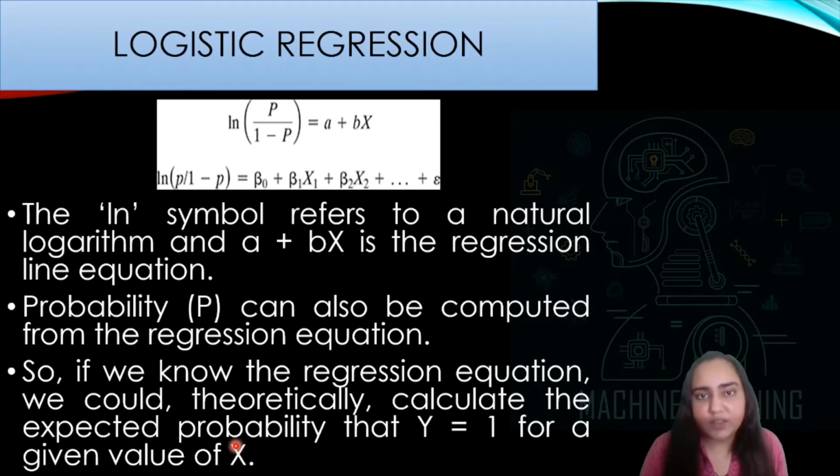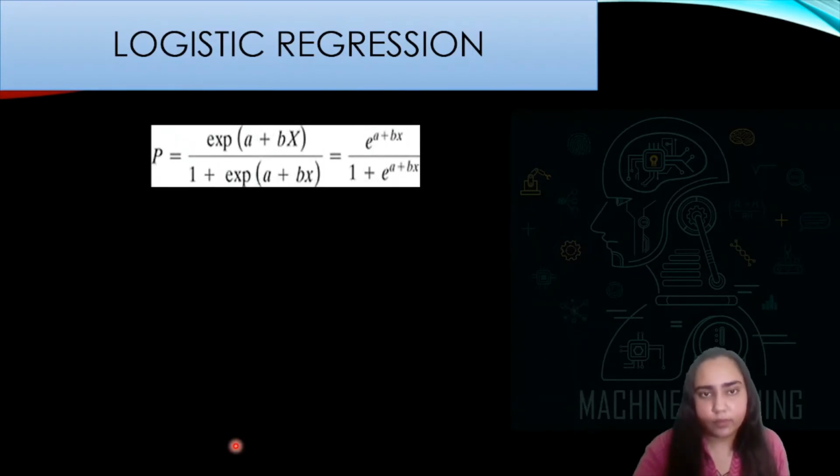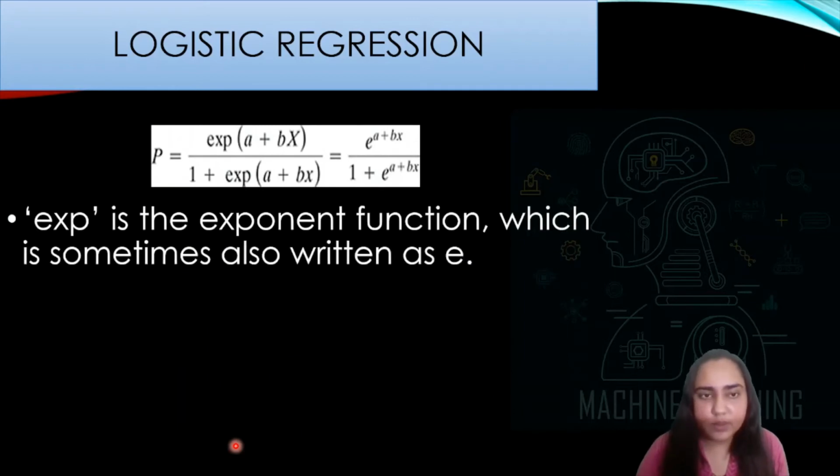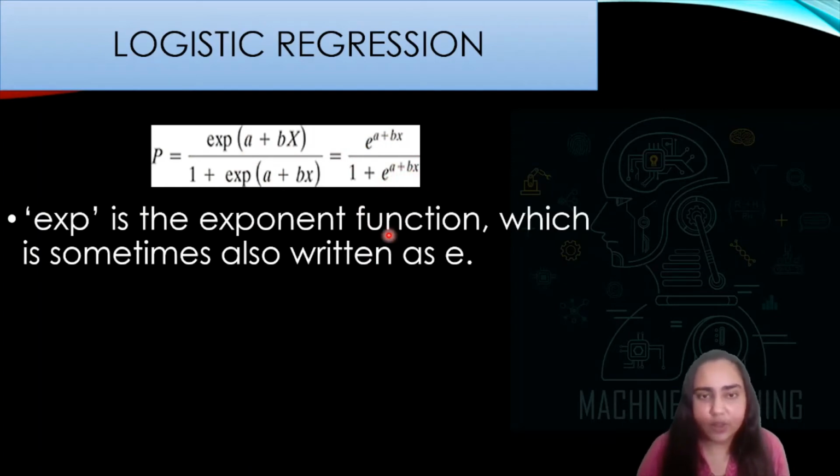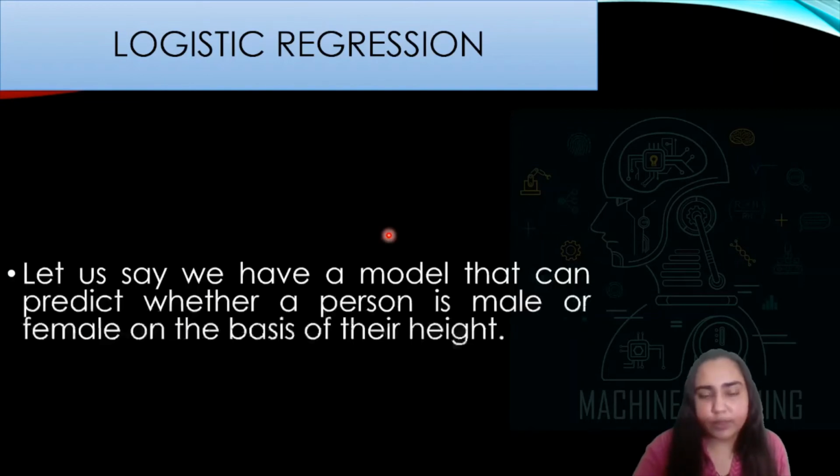So we will get some probability of how possible it is for y to be 1. So this is the value of p. p is equal to e raised to a plus bx upon 1 plus e raised to a plus bx. So this is the formula for calculating p.